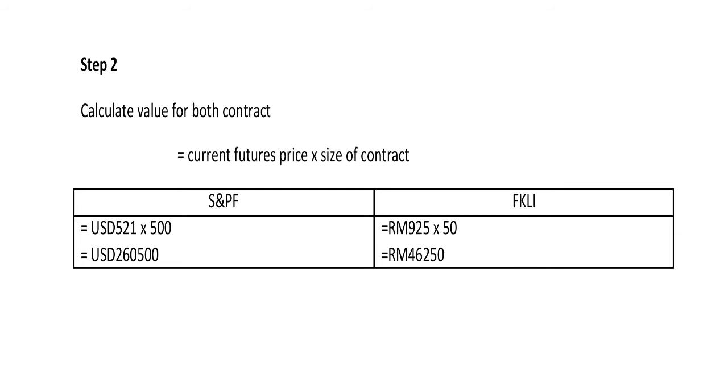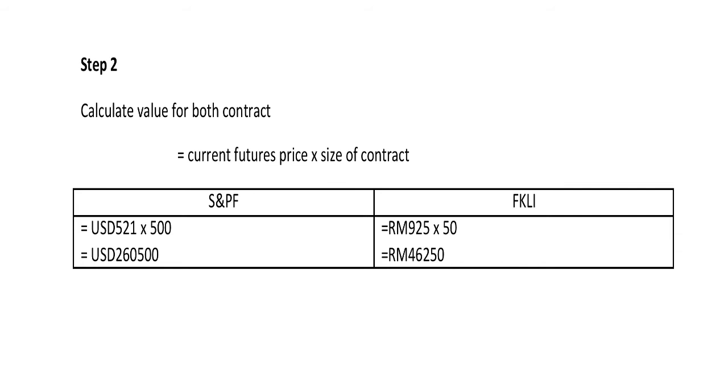Step number 2, you need to calculate the value for both contracts. The formula for contract value is current futures price times size of contract. For S&P, the current futures price is USD 521 times size of contract given in the question, 500. So you get USD 260,500.